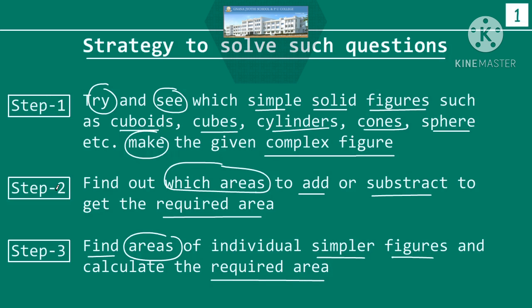So whichever areas we need to add and or subtract. So the third step is we need to find each of the individual areas of these simple solid figures that we have learned from step 1, and using step 2 of which should be added, which should be subtracted, do that calculation to find out the required area. This is going to be our overall strategy in solving these type of questions.